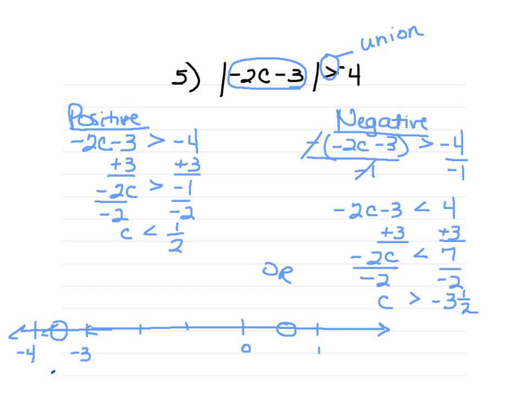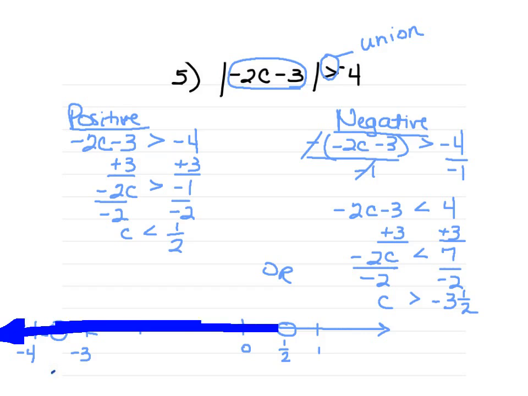Now, let's think about this. C is less than 1/2. So if I were to graph that, and I'm going to go ahead and do that using my blue marker, less than 1/2, it would be everything going this way. That is, C is less than 1/2. Now let's do C is greater than 3.5.